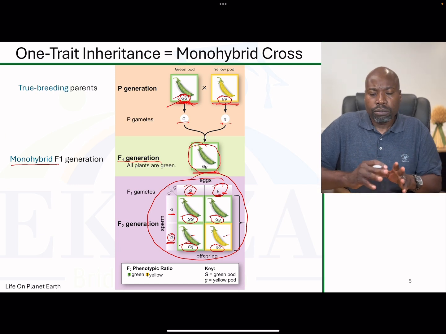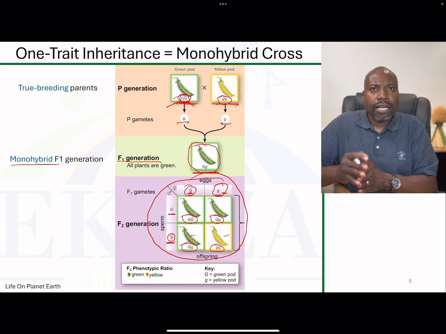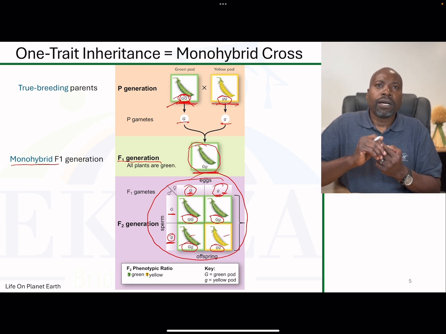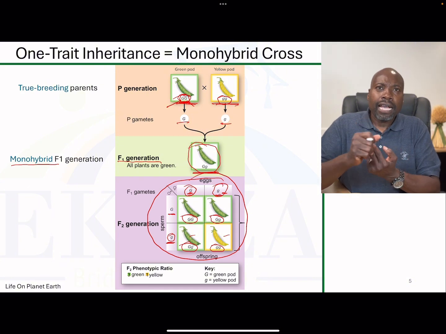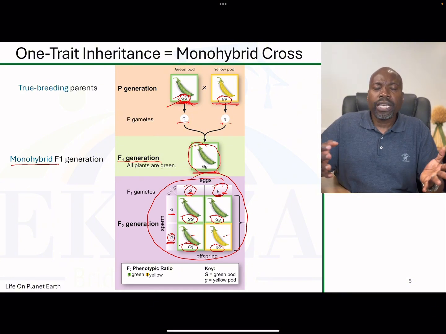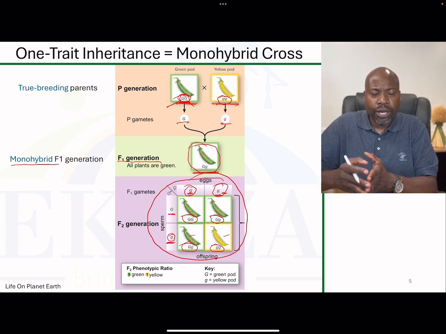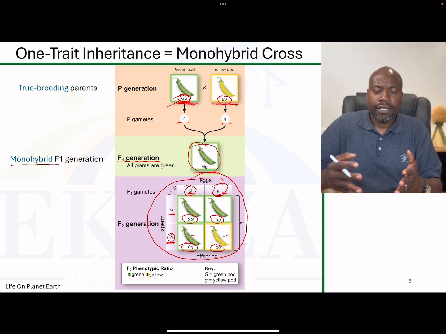What I want you to basically focus on is how we come up with the genetic makeup of the individual, considering the genes that the sperm carries and the genes that the egg carries, right? What would be the genetic makeup of the offspring, and what would be the observable trait of that offspring?